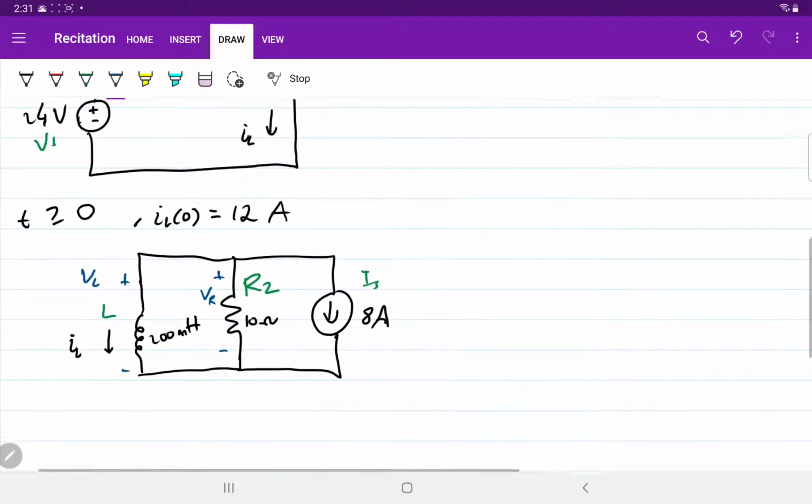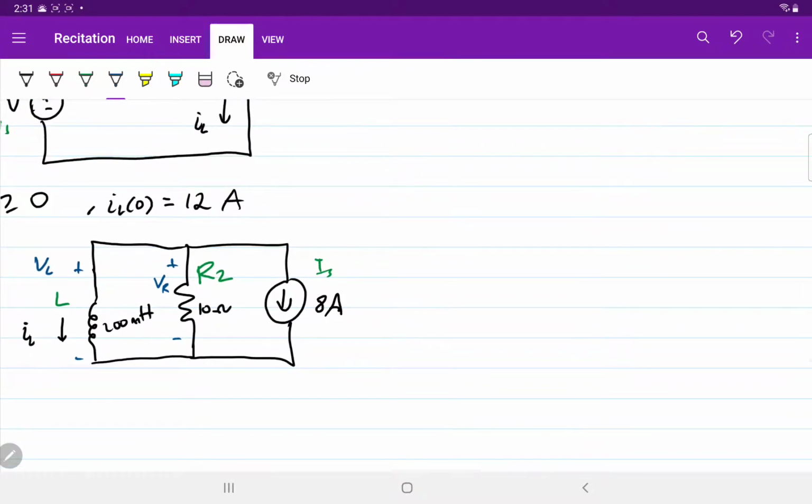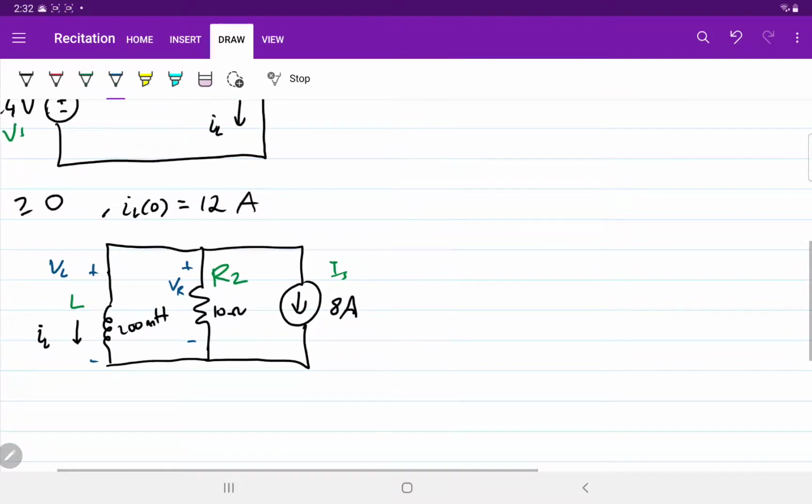And as such, we can apply the node voltage, right? So what do we know with node voltage? We know that the current there is IS. This current here is VR over 10, and this current here is IL.